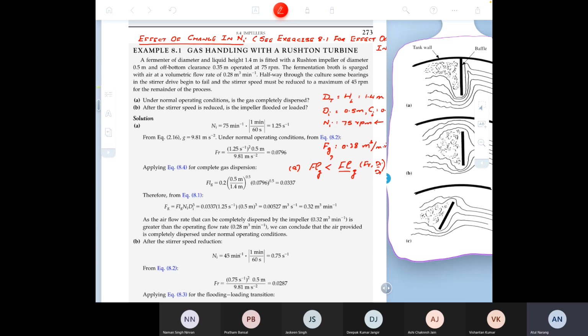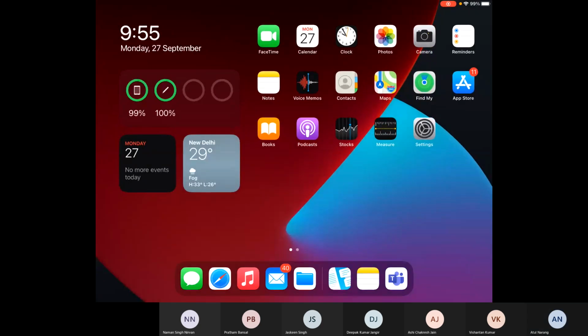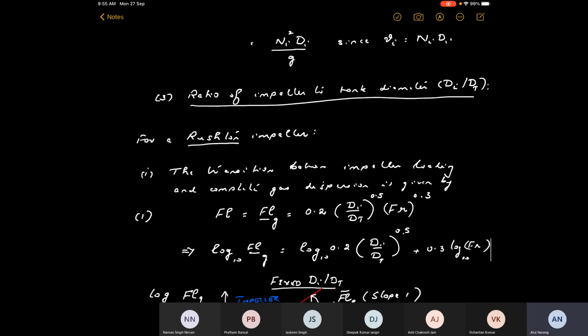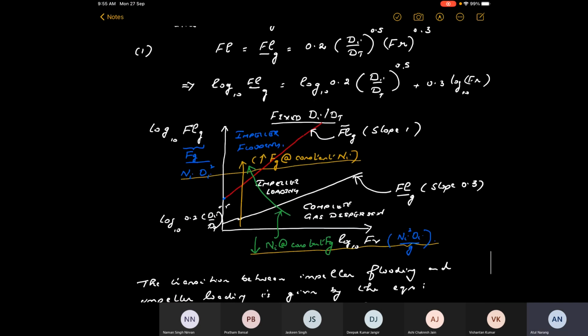Now, in this problem, once again, it's the same story. But now he's asking you that, okay, so actually when you solve the problem, you will see that your answer turns out to be very, very close to the boundary.